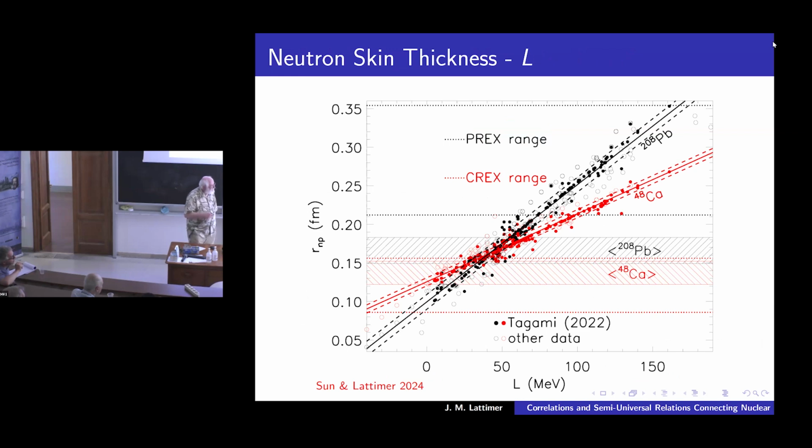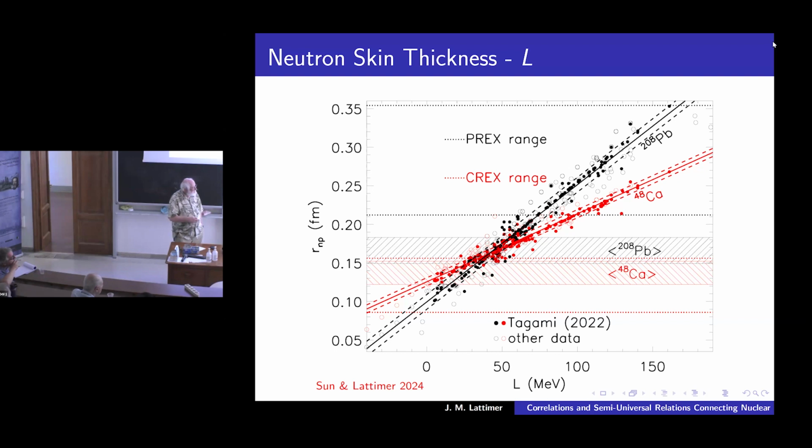Correlations also exist among nuclear properties, which are important for neutron stars. For example, the so-called L parameter, which is a measurement of the pressure of pure neutron matter at the saturation density, and the neutron skin thickness, which is the mean difference in radii between neutrons and protons in a neutron-rich nucleus. In this case, either lead-208 or calcium-48.